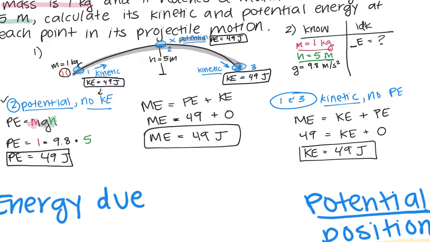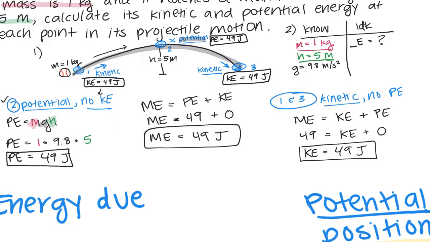It did not have any potential energy at position 1 in this motion. Then, as it traveled up across the baseball field, it reached position 2. When it reached position 2, it stopped moving. Therefore, it lost all of its kinetic energy. That kinetic energy became potential energy. So the 49 joules of kinetic energy from position 1 transferred to become potential energy at position 2.